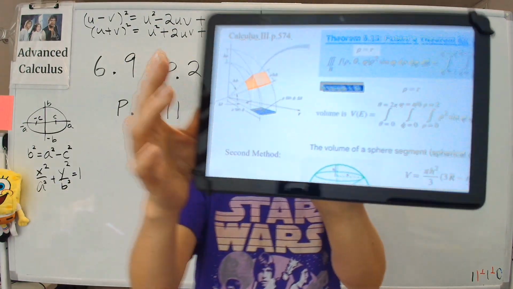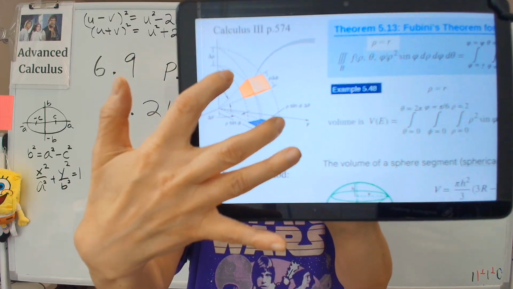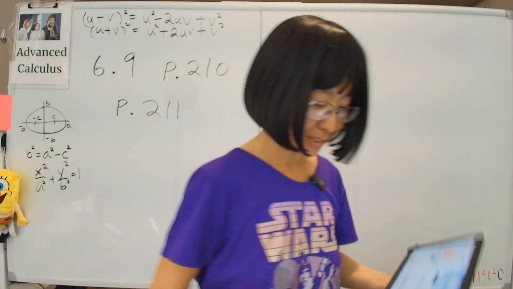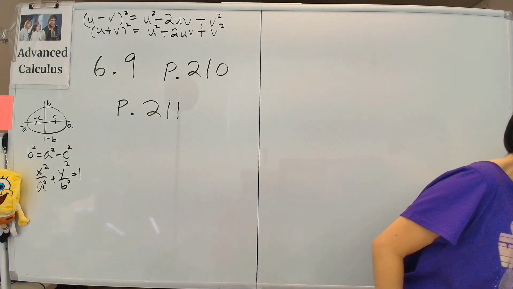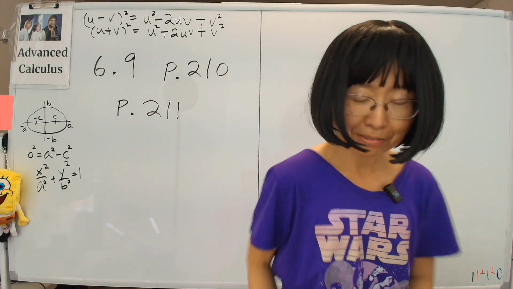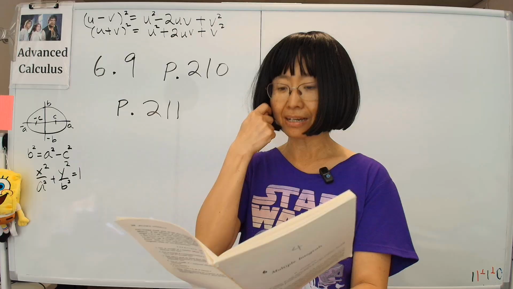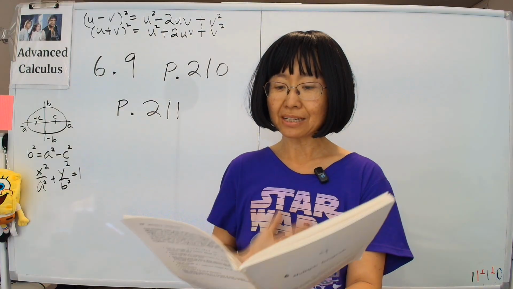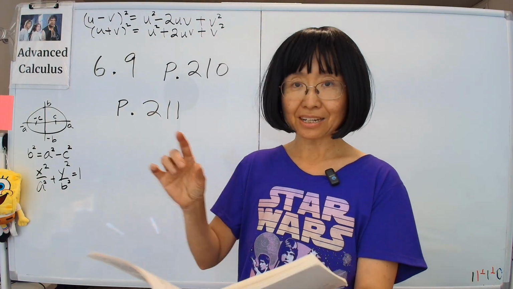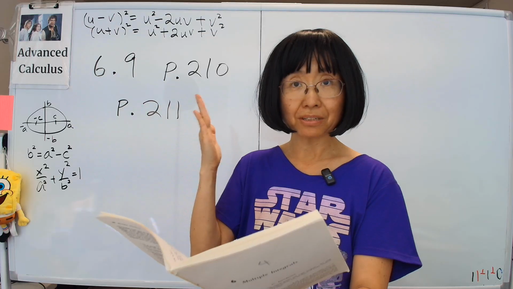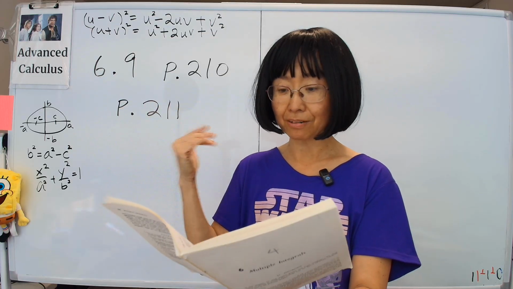Just this chunk right here is what I want you to pay attention to. So we're talking about this interesting looking chunk. And what are we doing here? Well, the book describes this chunk as something you can obtain by rotating the little area A by only an amount of delta theta.